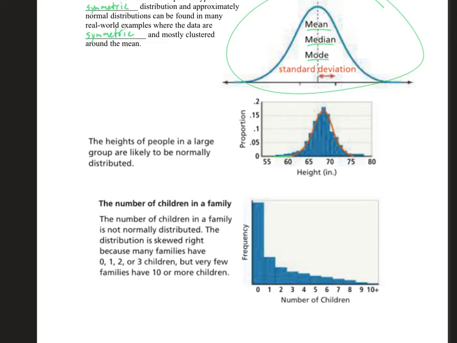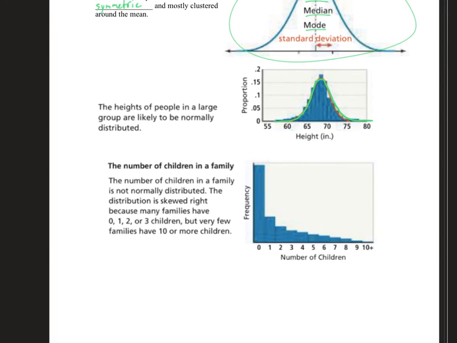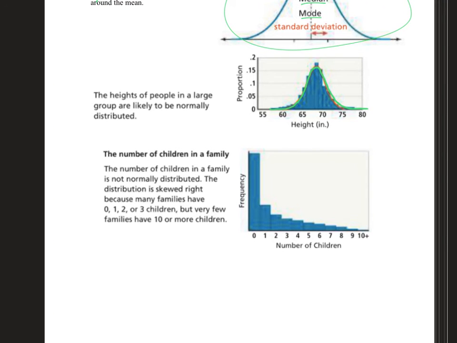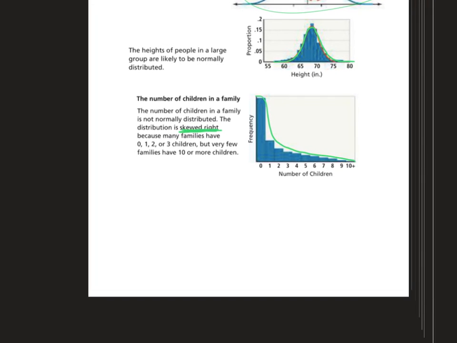So you can see that it closely follows a normal distribution. And then one that's not normally distributed is the number of children in a family. So this one, the tail is on the right side, so we'd say this one is skewed right. So this is an example of something that is not normally distributed.